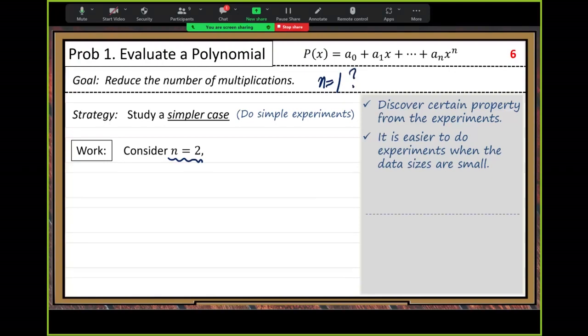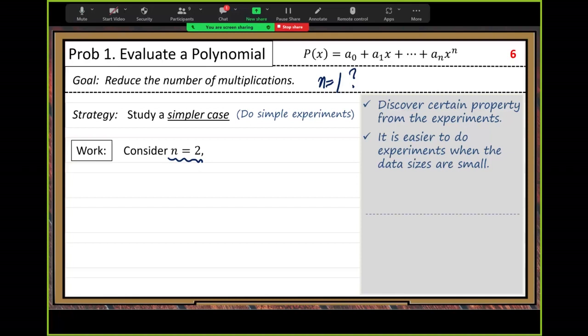The answer is, if we use n equals 1 for our first experiment, it is too simple and cannot provide us meaningful information. Sometimes if the example is too simple, it's hard to get helpful information.